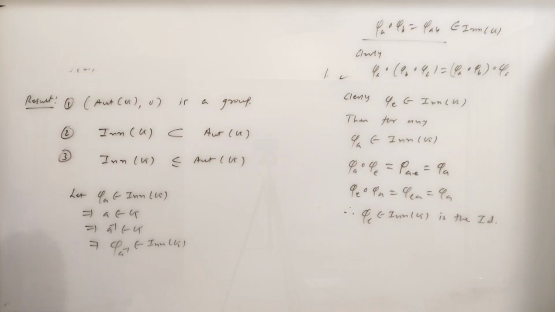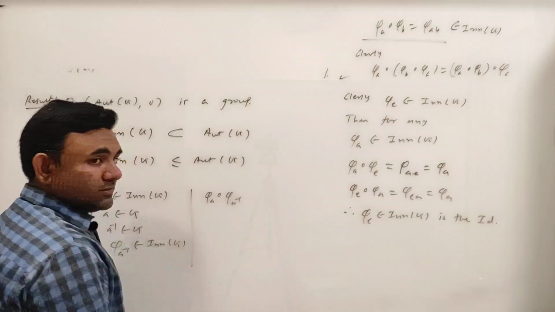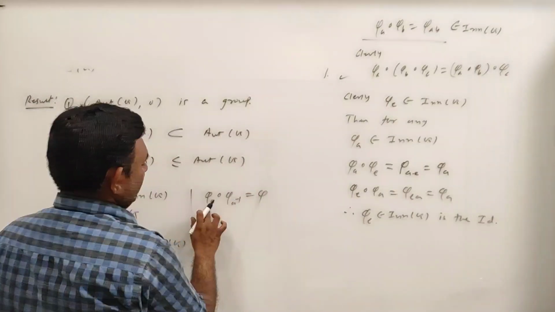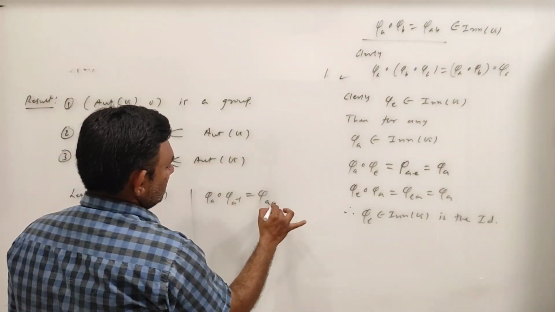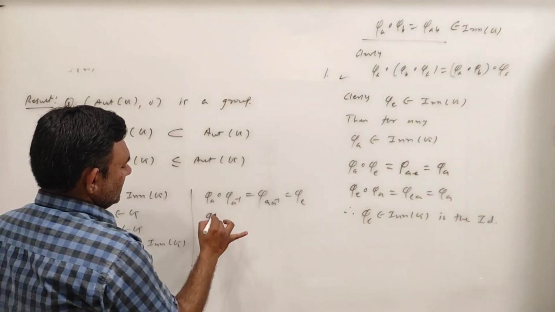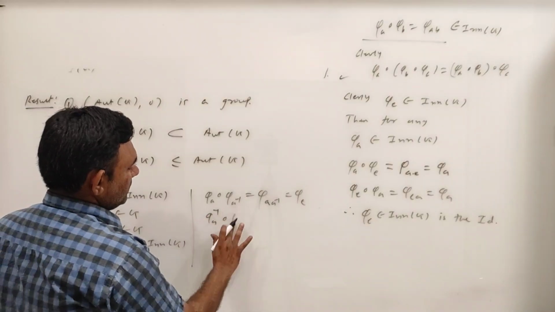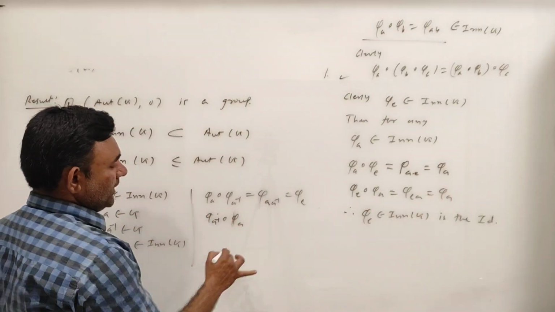Now you consider this phi A or phi A inverse. So what will this be? phi A or phi B is A into B. So A into A inverse, and that is what? Phi E. And similarly you can have phi A inverse or phi A. It is what?